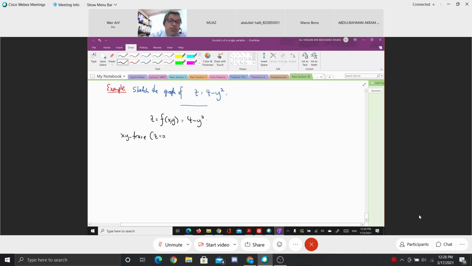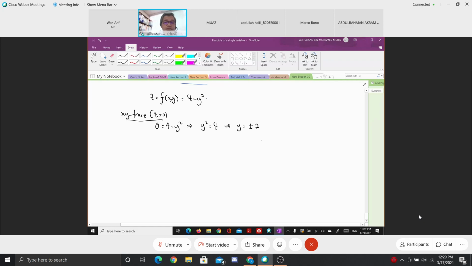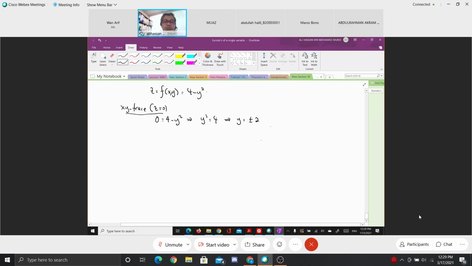By setting z equal to 0, we get 0 equal to 4 minus y squared, which means y squared equal to 4, which means y equal to plus or minus 2, independent of x. It is a line, isn't it? Y equal to plus or minus 2 is some line.